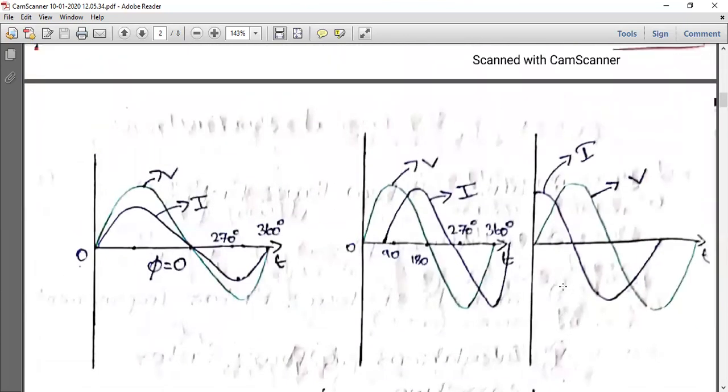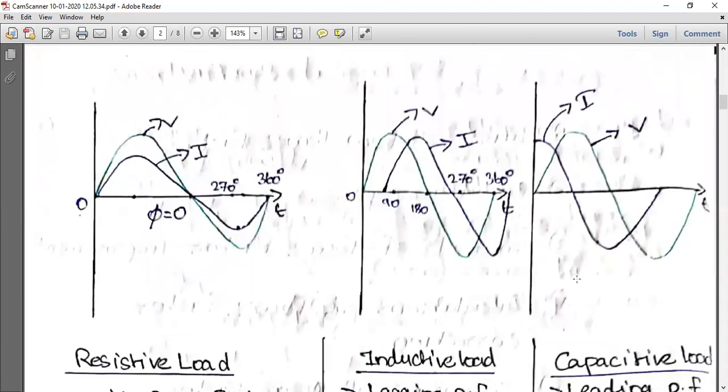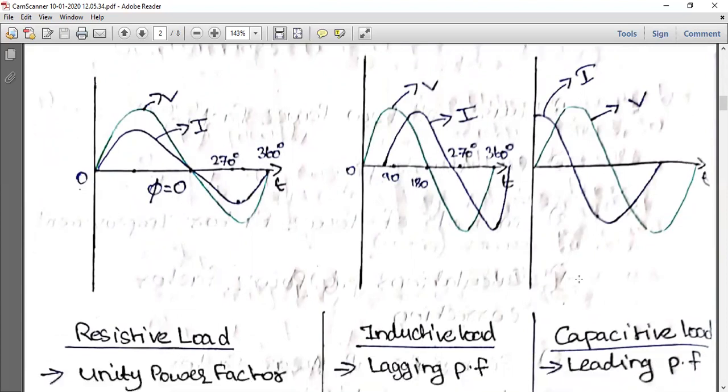This is the case of a resistive load, an inductive load, and a capacitive load. As I told you, the load can be a resistance, an inductor, or a capacitive load. In case of a resistive load, the power factor will be unity, because you see here the voltage and current are in phase. Current magnitude will be less because current is voltage by resistance.